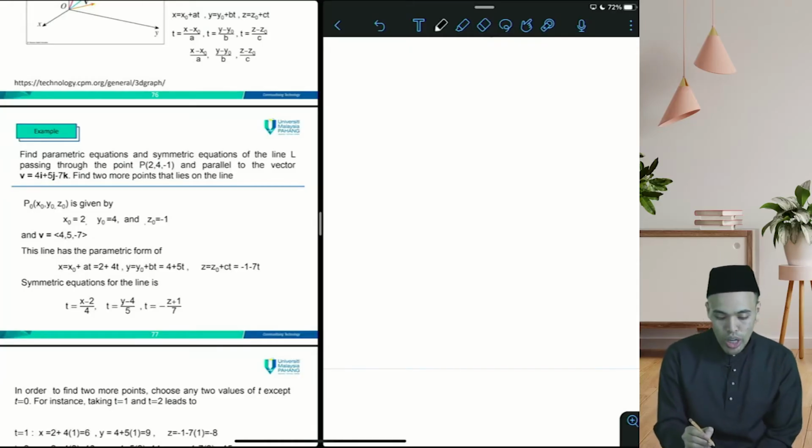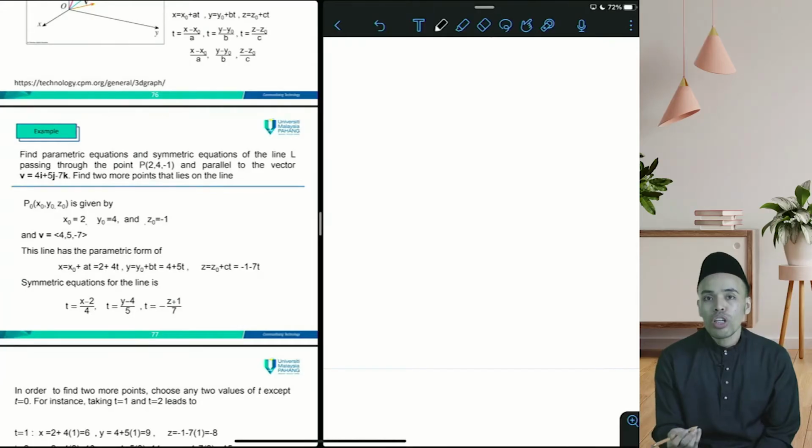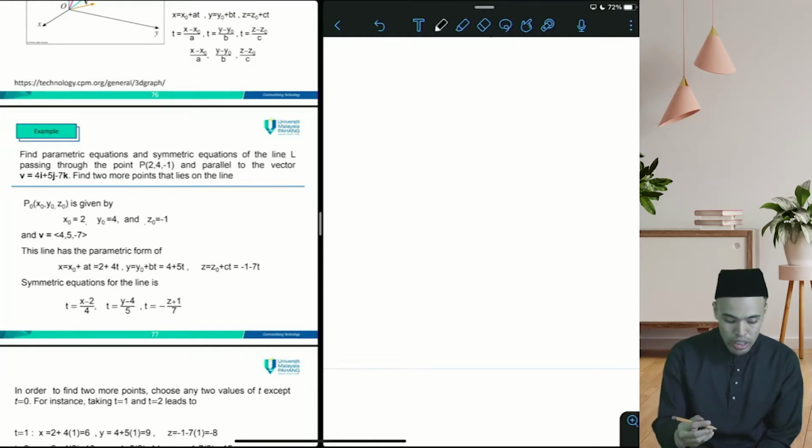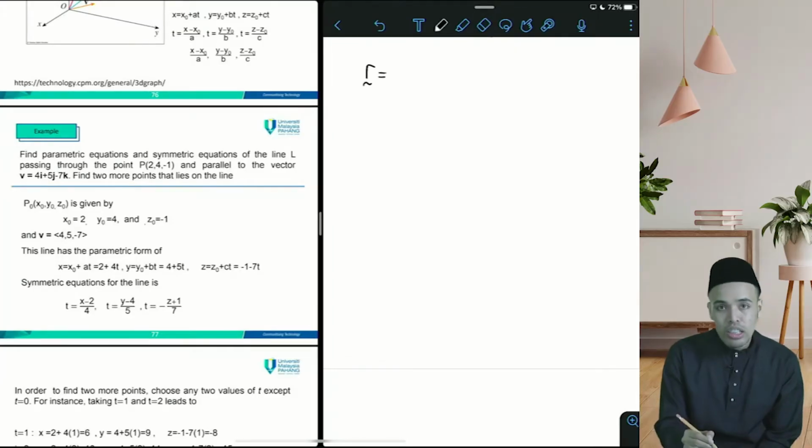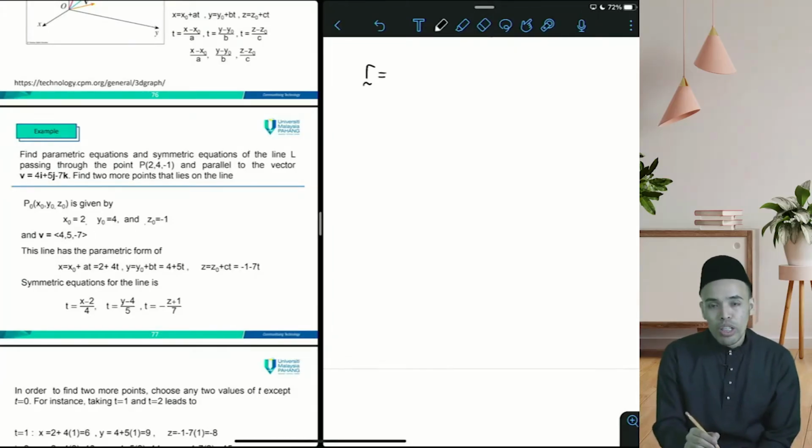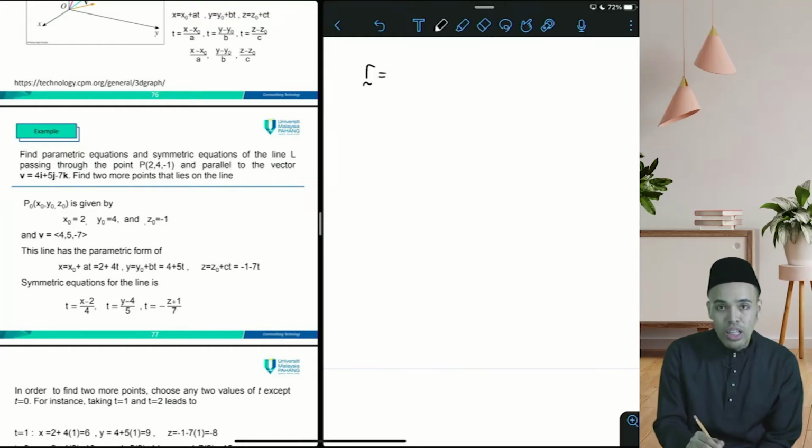Right now, what you should do is recall the vector equation of a line, because if you are able to recall it, by right you should have no problem determining the parametric and symmetric equations of a line. According to what we have learned earlier, the vector equation of a line is given as vector r equal to vector r naught plus t vector v.